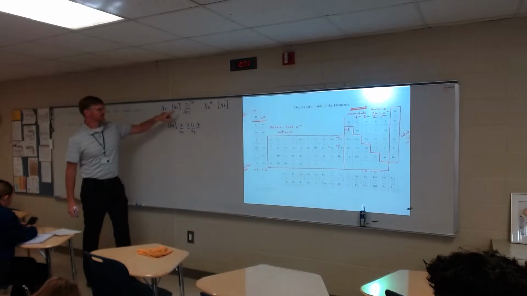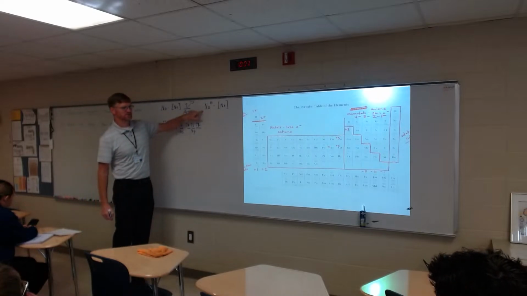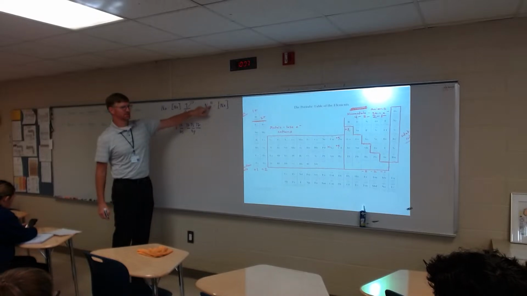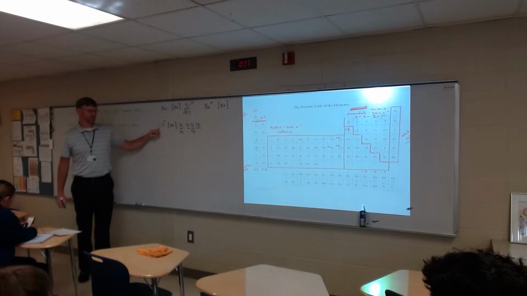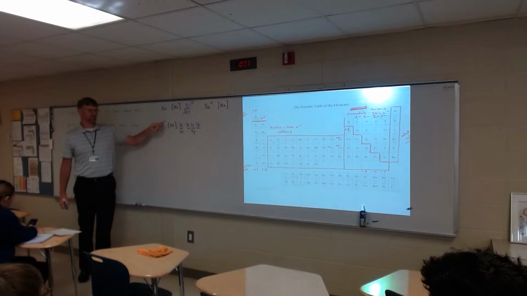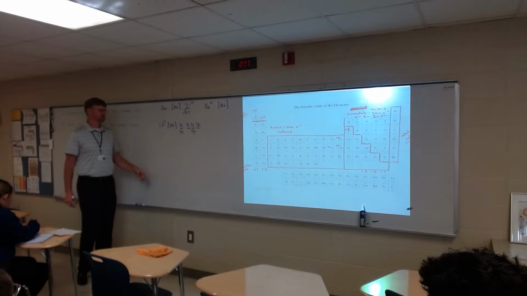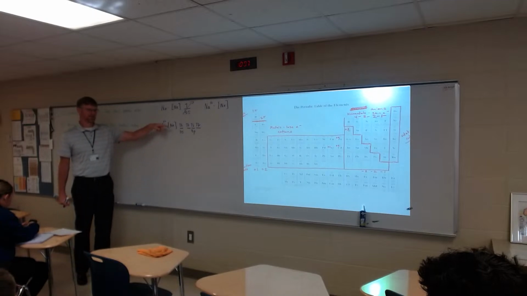This has 11 protons and 10 electrons. So 11 pluses and 10 minuses make 1 plus. This had 17 and 17. Now it's got 17 protons and 18 electrons. So 17 plus and 18 minus makes 1 minus, because you added a negative.